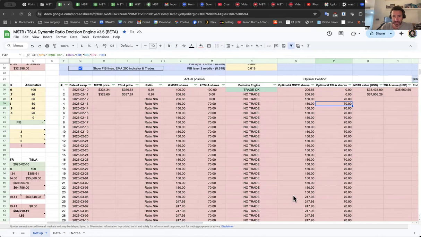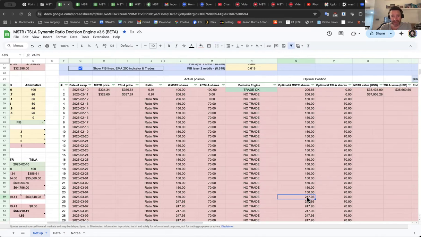And I can see here a possible bug. God, I don't know why it's doing that. Sometimes this trade okay thing won't trigger, but this is doing its job, right?